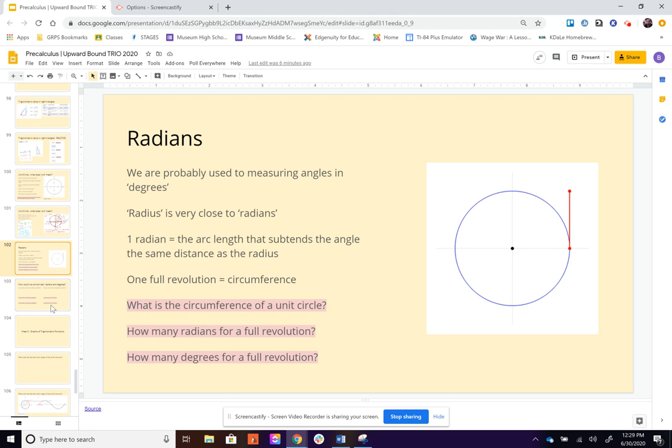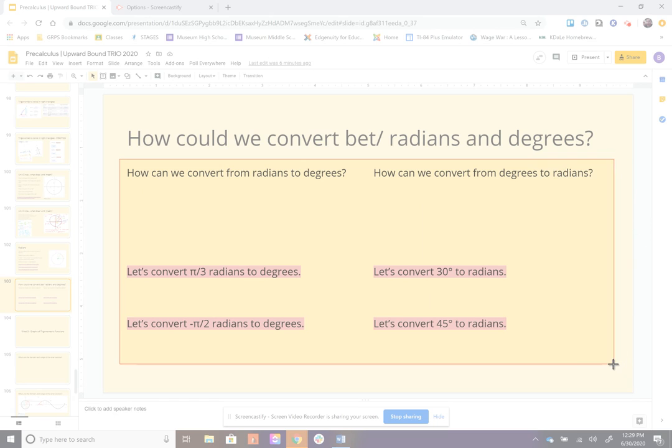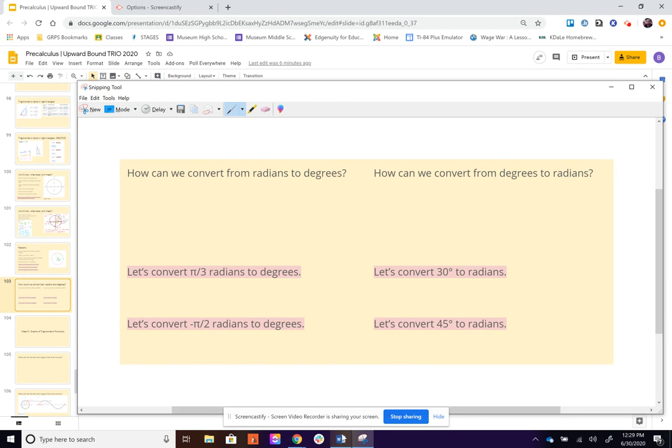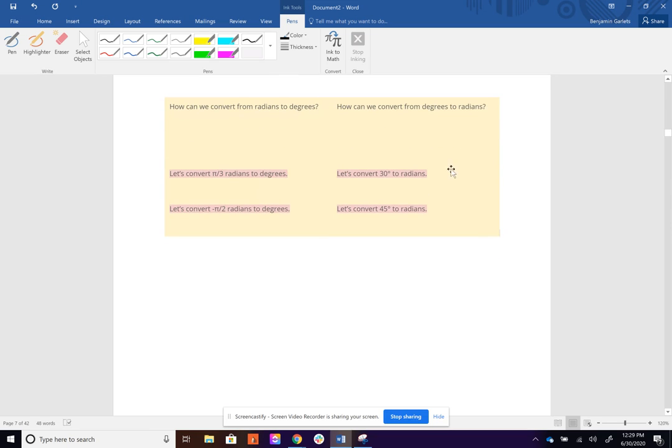All right, we just answered those 3 questions. Great. So let's do a little conversion here. I'm going to just copy this and move it to here. If I wanted to take an angle measure that's written in radians and change it to degrees, so if I have pi over 3 radians, I can use the fact that I've got 360 degrees for every 2 pi radians.